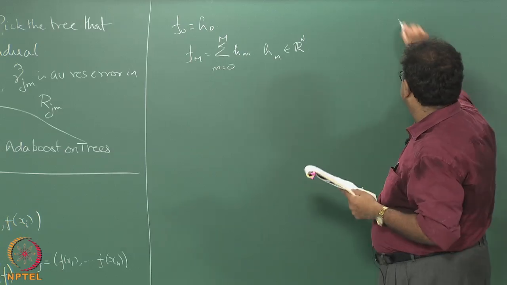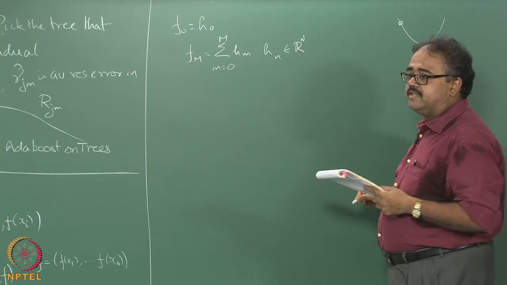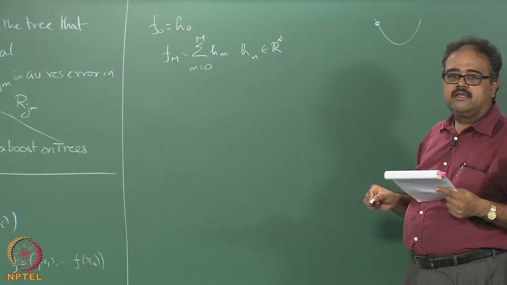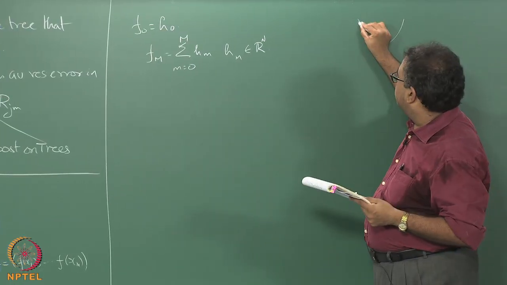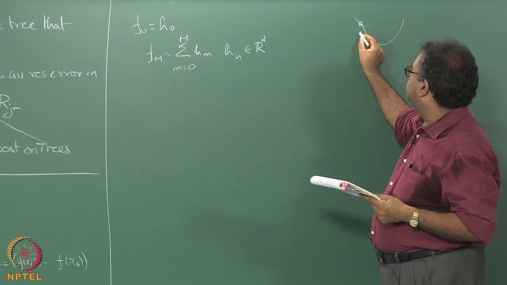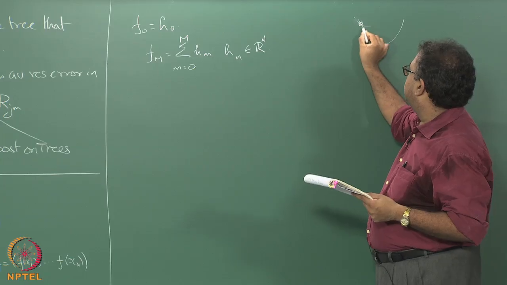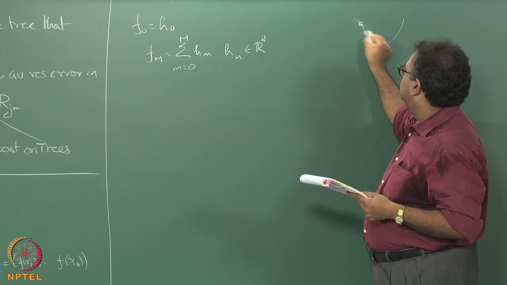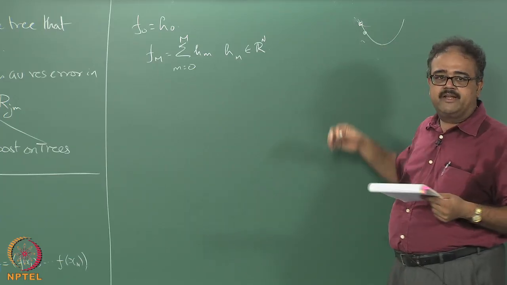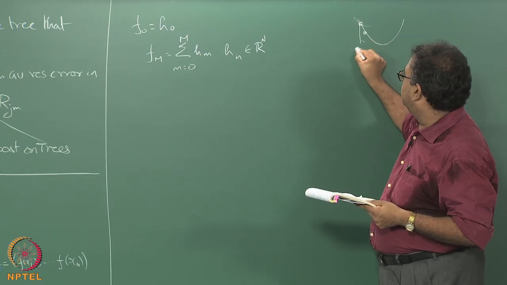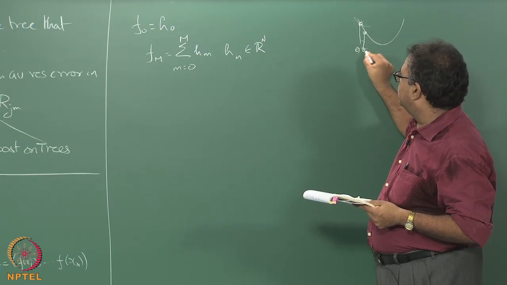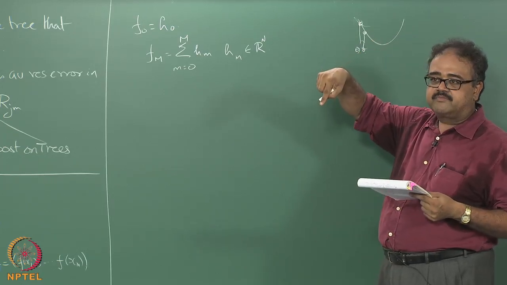You can think of it like this. Start somewhere here, that is my f naught, and then I compute the gradient and move in the opposite direction. I take a small step in this direction. So, I come here, that gives me a new set of parameters, right. This is one theta, this is another set of theta, and this will give me another f, right.